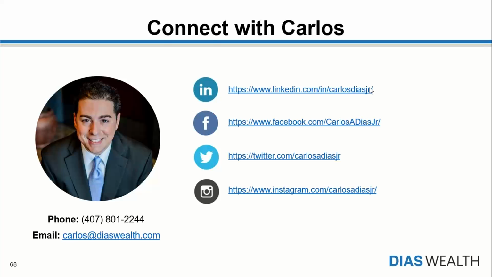And then the most important 1035 feature, I would say, is the long-term care aspect of it, where if you have an annuity with a lot of gains and the client does not need any of that interest, they're worried about paying tax on those gains, then they can 1035 it into a long-term care annuity. Make sure it has to be a qualified long-term care annuity. And all those gains that come out of it in the future will be tax-free.